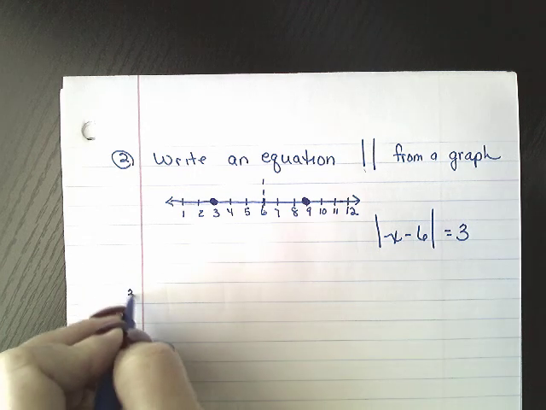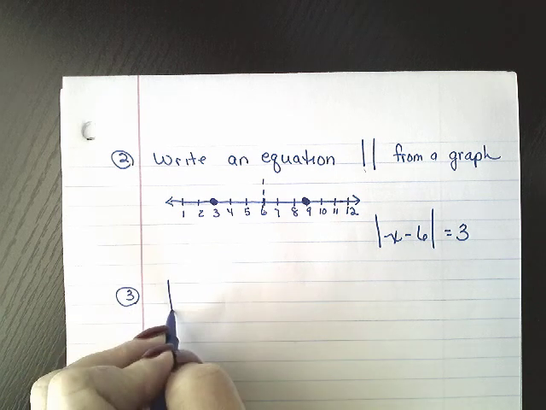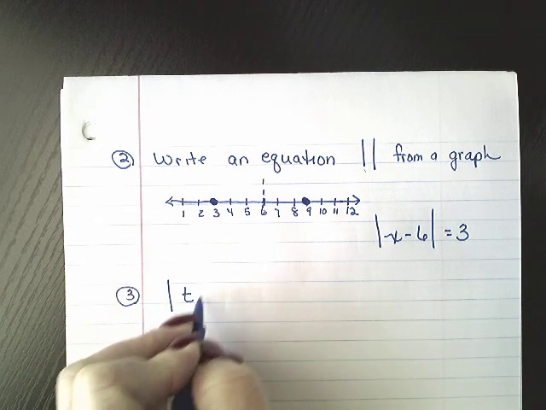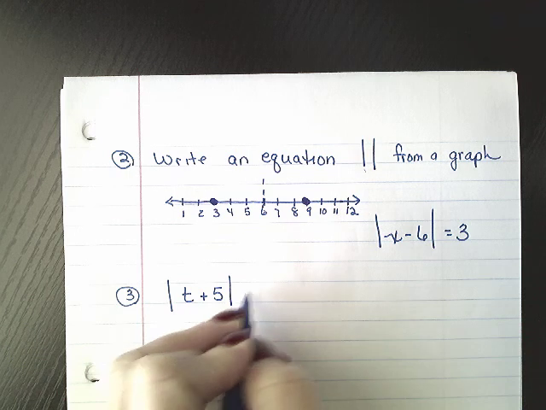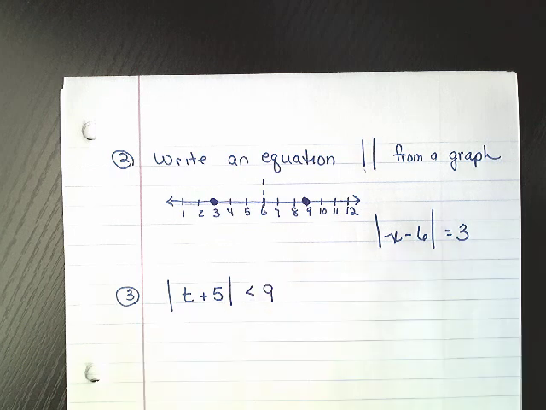Now, number 3 example, we would have the absolute value of t plus 5 is less than 9. Okay, so the absolute value of t plus 5 is less than 9.